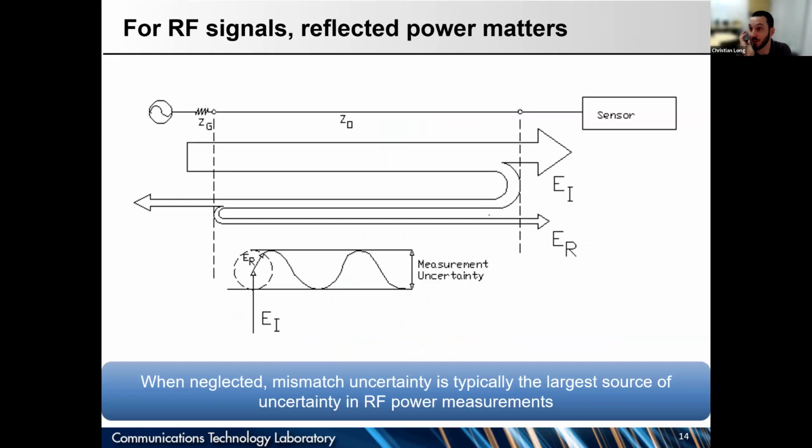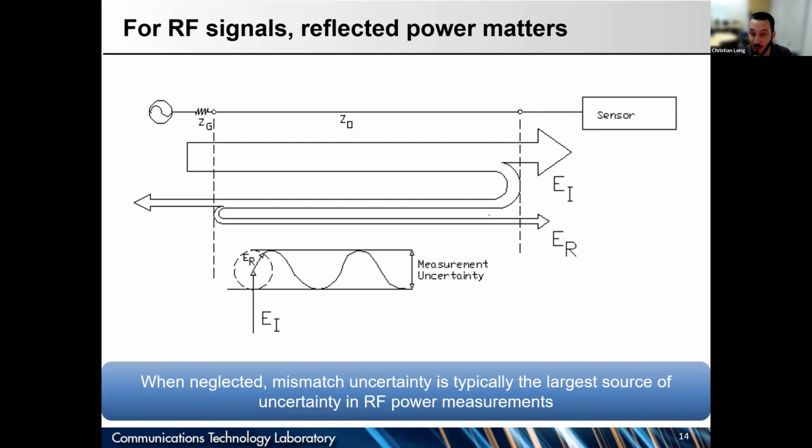There's another factor that's pretty important. It's the reflection coefficient of a power sensor. So if you have some source over here and a transmission line, which in this case is very idealized and simplified, and it sends some power into a power sensor, some of the power gets reflected off of the power sensor, and it might go back to the source, and then some of it might get reflected off of imperfections in the connector or the transmission line or the source and come back to the sensor, and that can happen a bunch of times.